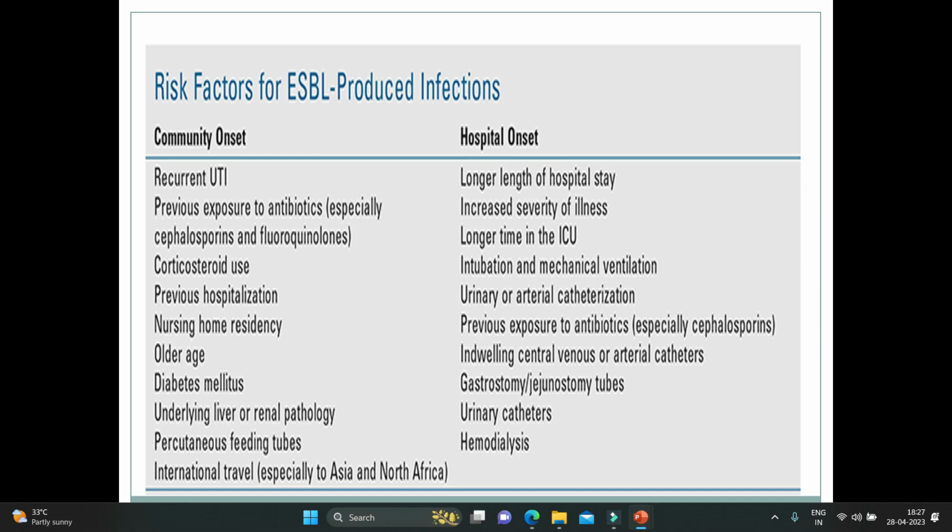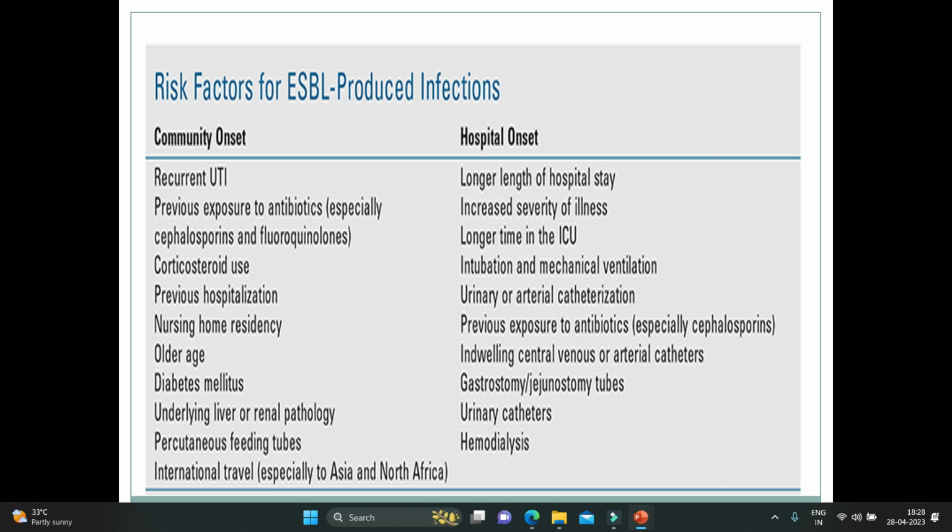So what are the risk factors behind ESBL infection? Two onsets, community onset and hospital onset, recurrent urinary tract infections, previous exposure to antibiotics, especially cephalosporins and quinolones, corticosteroid use, previous hospitalization, nursing home residency, older age, diabetes mellitus, underlying liver or renal pathology, percutaneous feeding tubes, international travel, especially to Asia and North Africa.